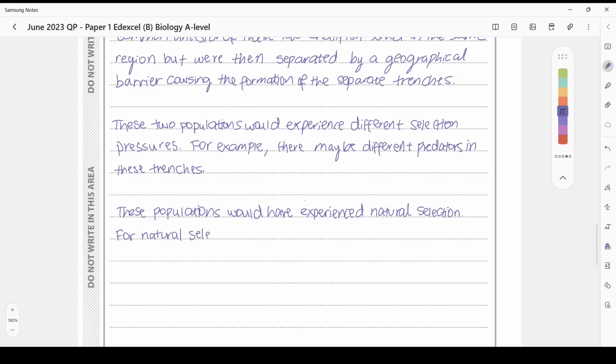For natural selection to occur, mutations must have given rise to variation.